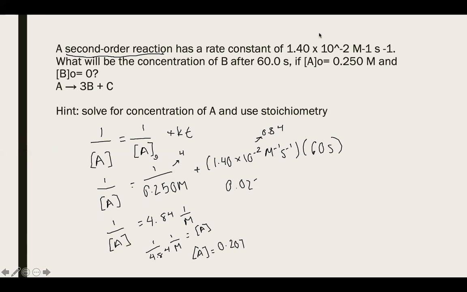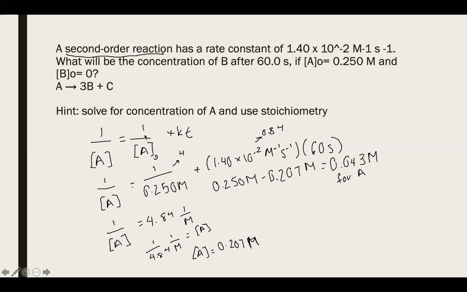Oh, sorry, I added an extra 0 in there. 0.250 molarity minus the number we just got, 0.207 molarity, and that is going to equal 0.043. And so that's our molarity for A.